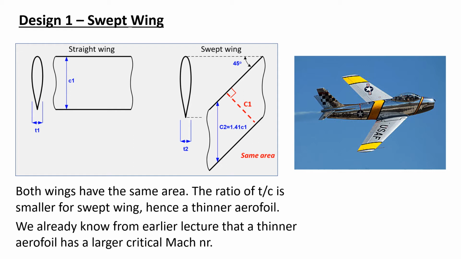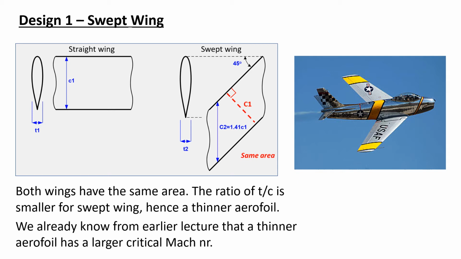Now, since the maximum thickness T2 is actually the same as T1, we are not changing the airfoil, just elongating it. So the thickness ratio becomes smaller for the swept wing because the denominator becomes larger. Then the swept wing effectively has a thinner airfoil compared to the straight wing.